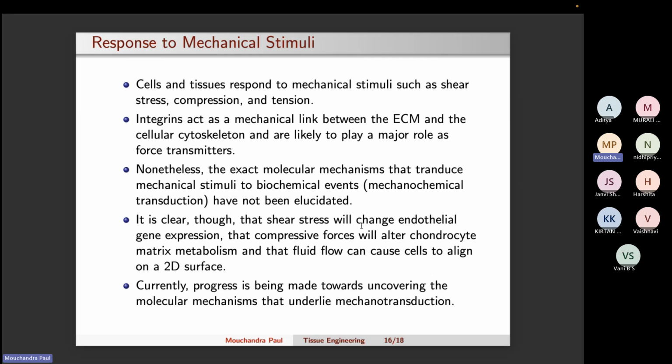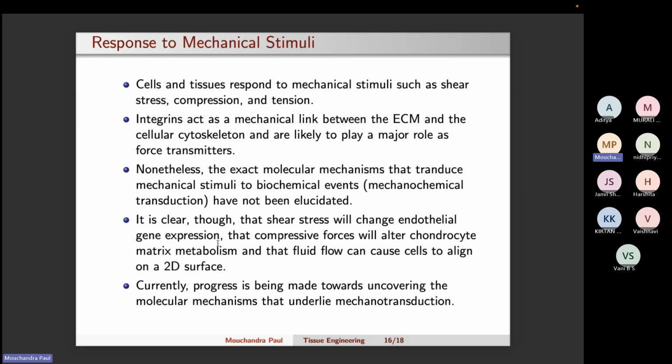For example, for endothelial cells, there is the shear stress that the flow of the fluid is causing. When the fluid flows, the cells in the endothelial layer experience shear stress. Due to this shear stress, the pattern of gene expression in endothelial cells changes. People have observed this, as well as the effect of compressive forces.